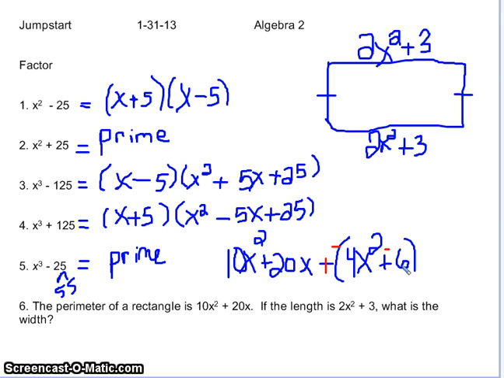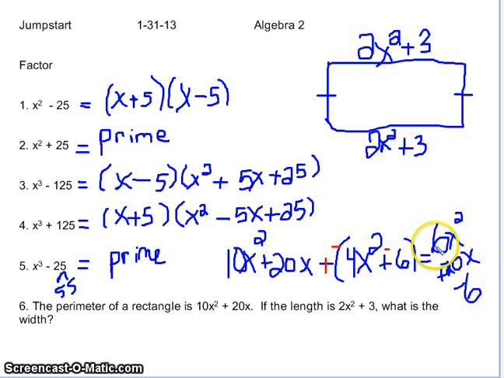And when I subtract these, I'm going to be left with 6x squared plus 20x, sorry, flustered, and then a minus 6. Now this is what we need left.